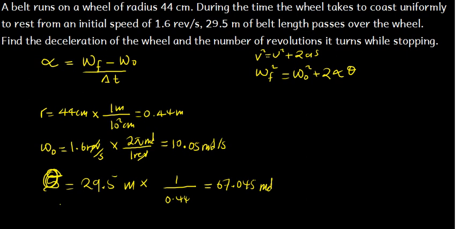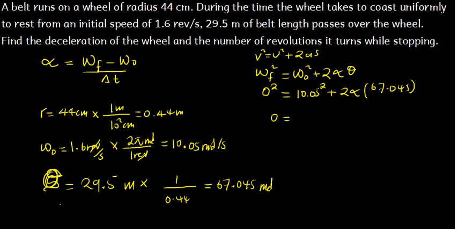Now we want this to go to a stop, so the final angular velocity is going to be 0. The initial is 10.05, squared, plus 2, we don't know the angular acceleration, but we know the angular displacement, that is 67.045.